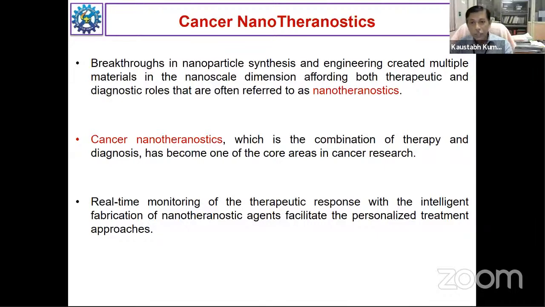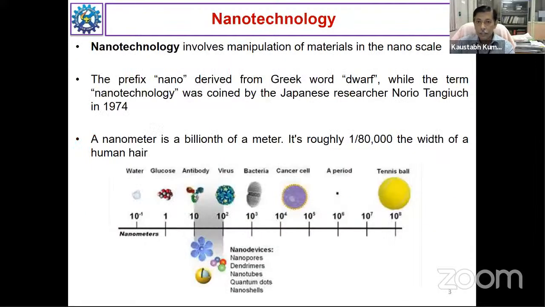Coming again to basic things about nanotechnology, which involves materials at the nanoscale. As all of you know, it is one billionth of a meter, compared to the size of a human hair.